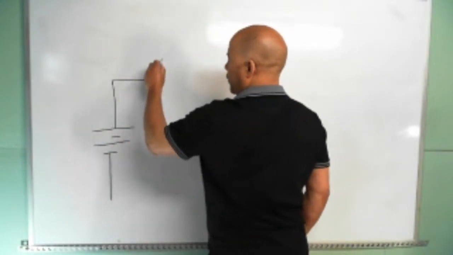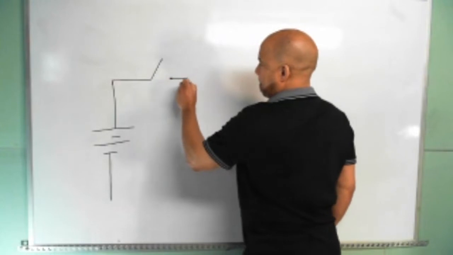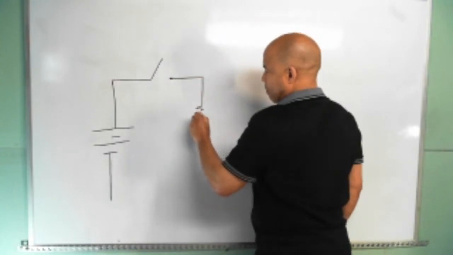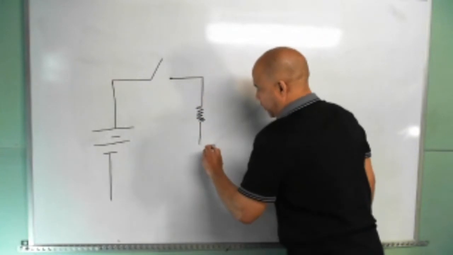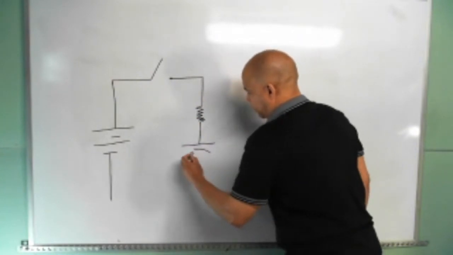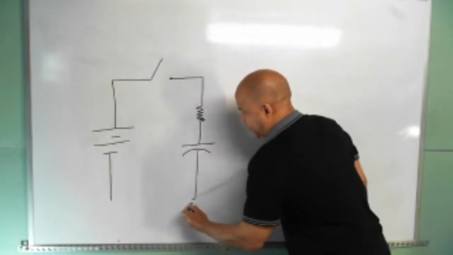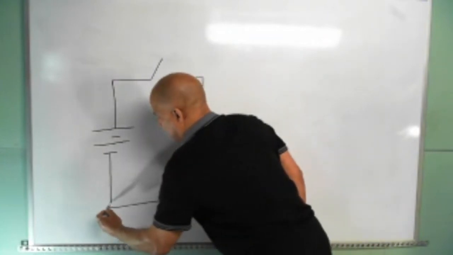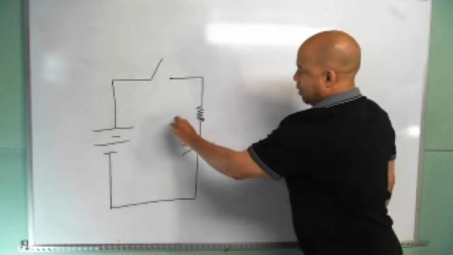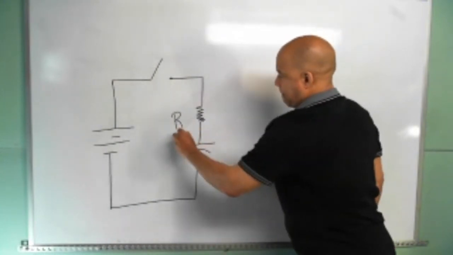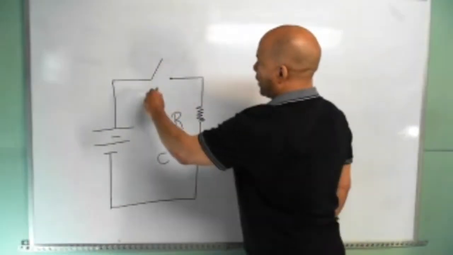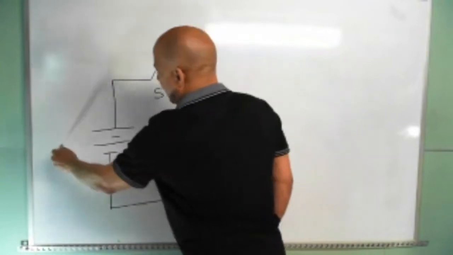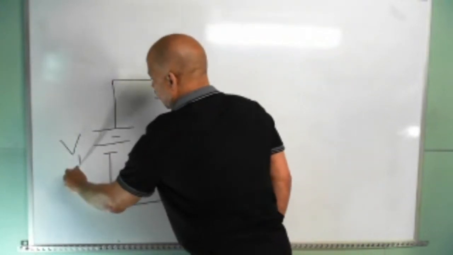I got a switch, a resistor, and a capacitor. So here's the R, and there's the C. So they call this a RC circuit. Here's my switch, and here's my voltage source, my total voltage.